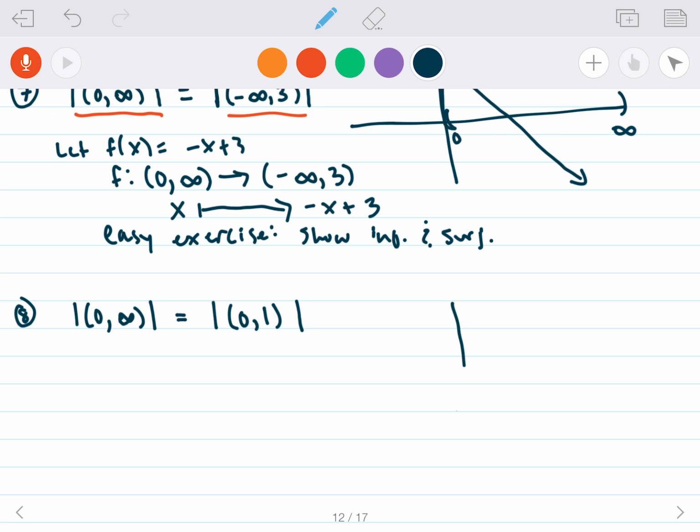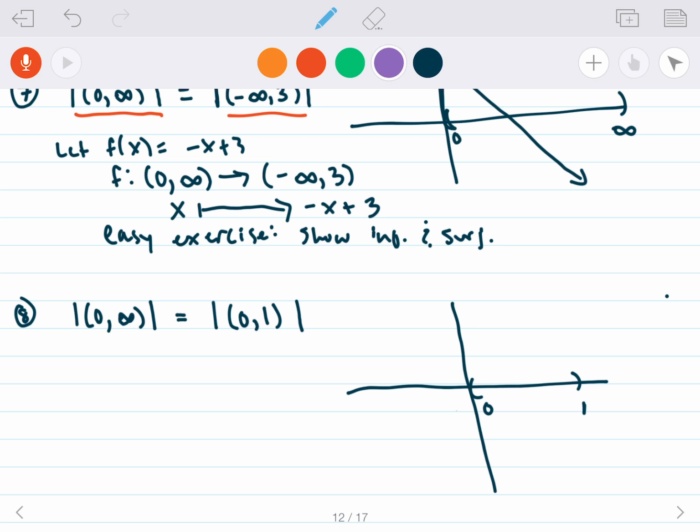So let's do something that's not linear. Maybe we could have some type of function with an asymptote, right? Maybe I'm going from 0 to 1 on my x-axis, and from 0 to infinity on my y-axis.